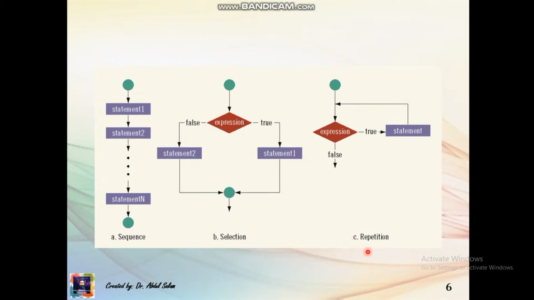And the third one is repetition. In repetition, it again and again checks the condition until the expression becomes false. If true, the statement will execute and it checks again, and when the expression becomes false, it will terminate the loop.